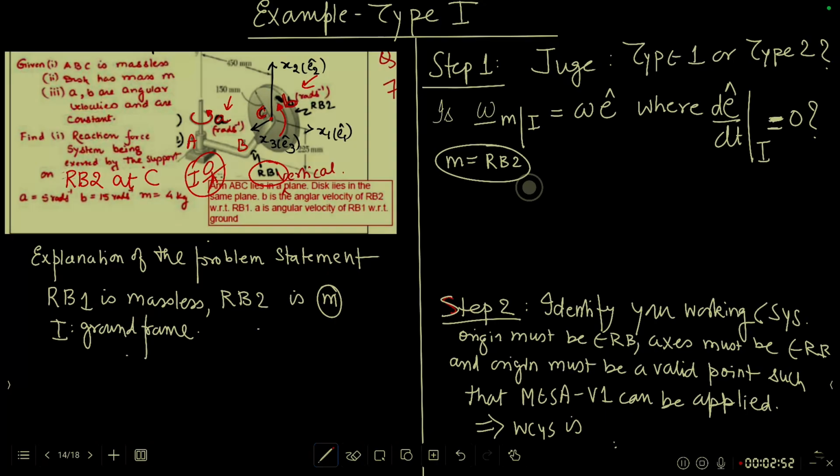A is the angular velocity of the rod ABC with respect to this I frame, whereas B is the angular velocity of the disc with respect to what? It would be with respect to the rod ABC itself. And they are constants. The scalar A and scalar B do not change with time.